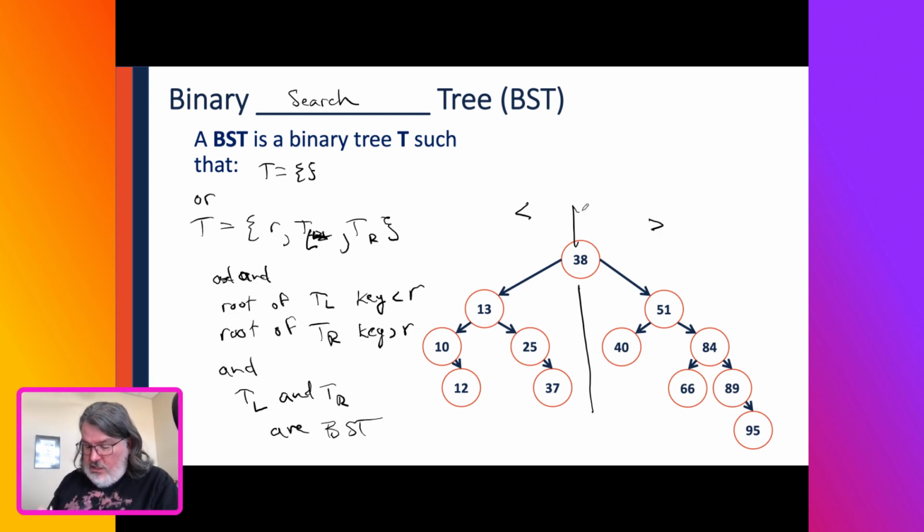I mean, 13 is less than 38, and 51 is greater than 38. That does seem a problem. I'm not going to worry about it right now. Right now, with a binary search tree, we cannot handle all data types. We can only handle data types that are orderable.